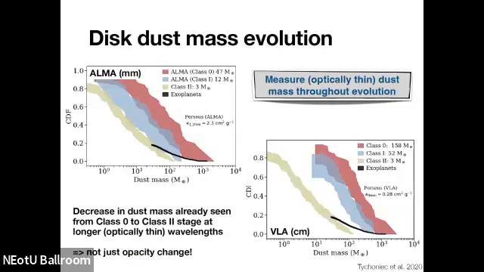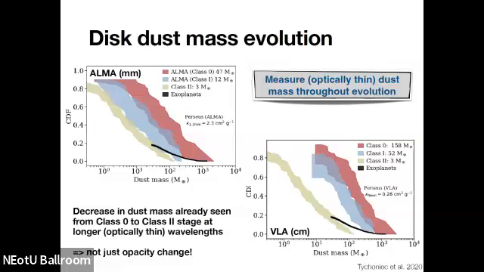So indeed, there is an effect of the dust opacity, but by the time we get to the protoplanetary disk stage, we are essentially optically thin enough to measure dust masses. And the optical depth is only high in the very inner part of the disk, but this is not dominating the total disk mass.